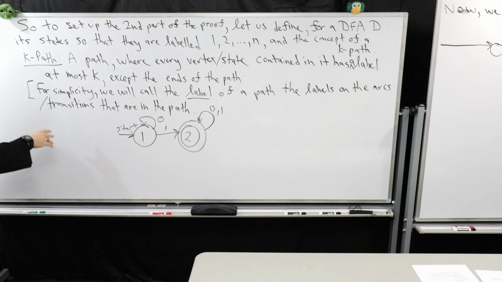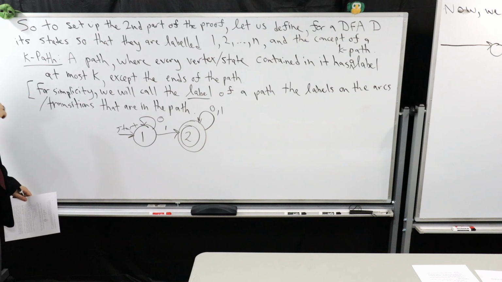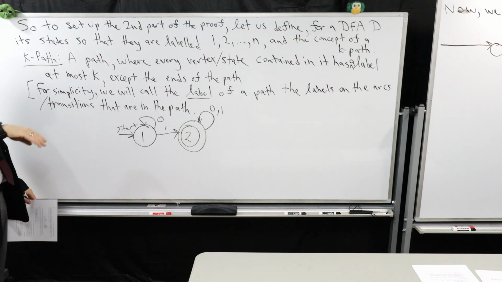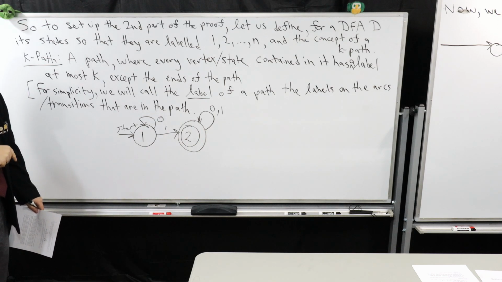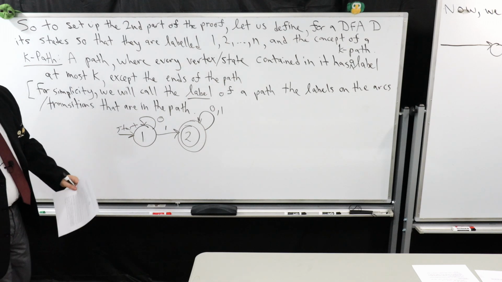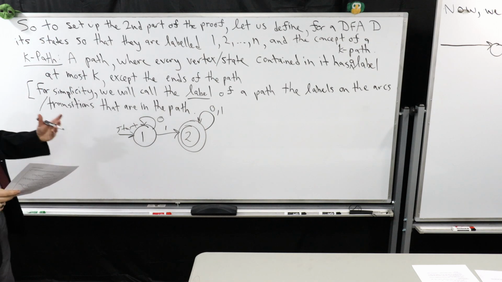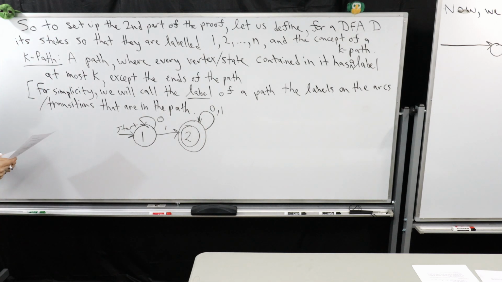I just want to use this because it makes things a little easier for me to write down in the proof. So if you wonder what a label of a path is, just think of the string you give as input to your machine from a given state. So you just think of the extended transition function from a given state. Are we all good with that? Because I want to now do some examples with this k-path idea.